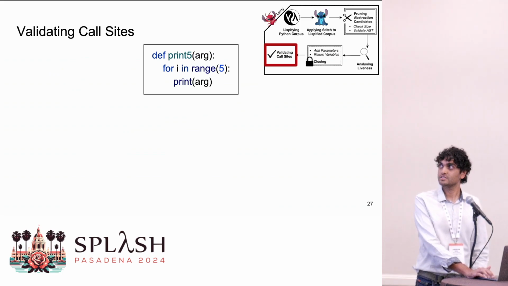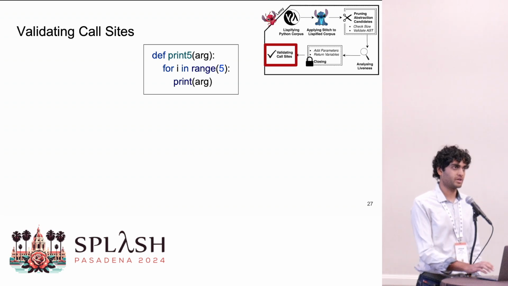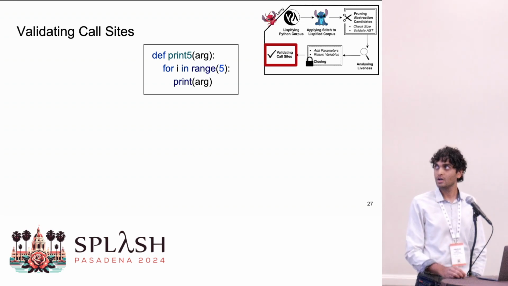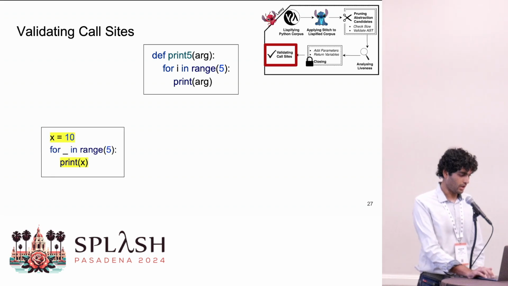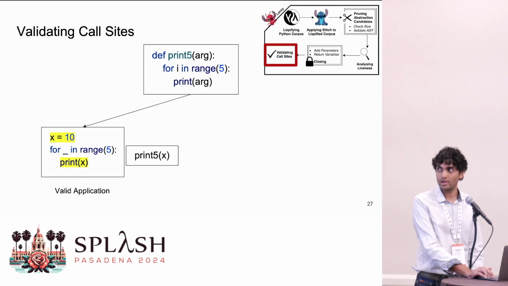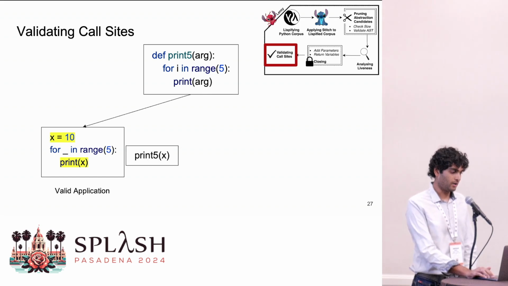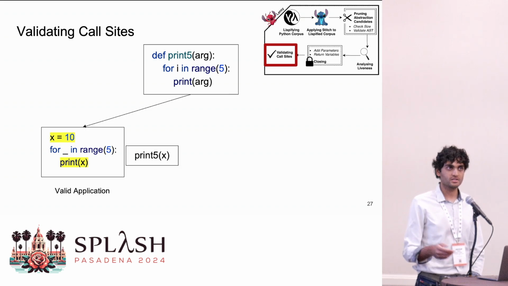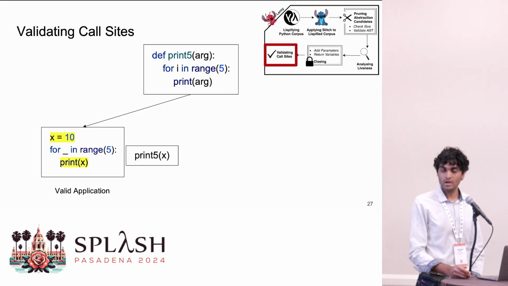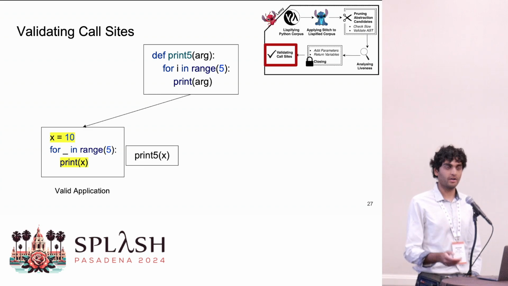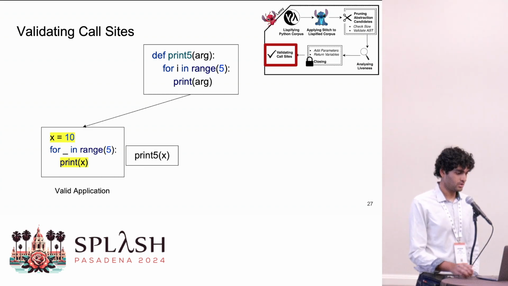Here's an abstraction which just repeatedly prints its argument multiple times. And this is where it makes sense to apply this abstraction. So the variable X doesn't change ever within the loop, and passing it to the function passes it only once, and it makes sense to apply this.